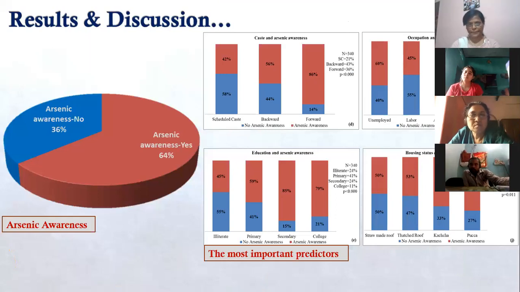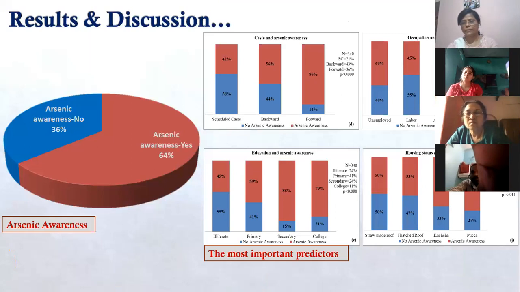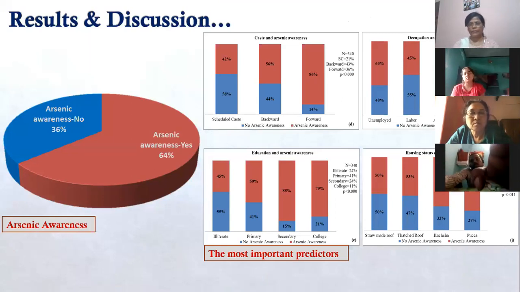Now, in order to develop a model, using all the 10 questions, I transformed that into an arsenic awareness index, and I made it into 2 categories.